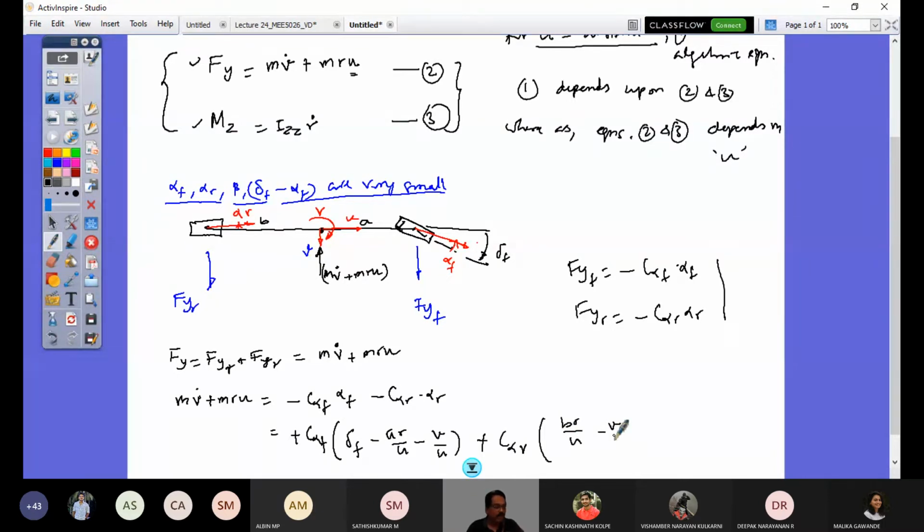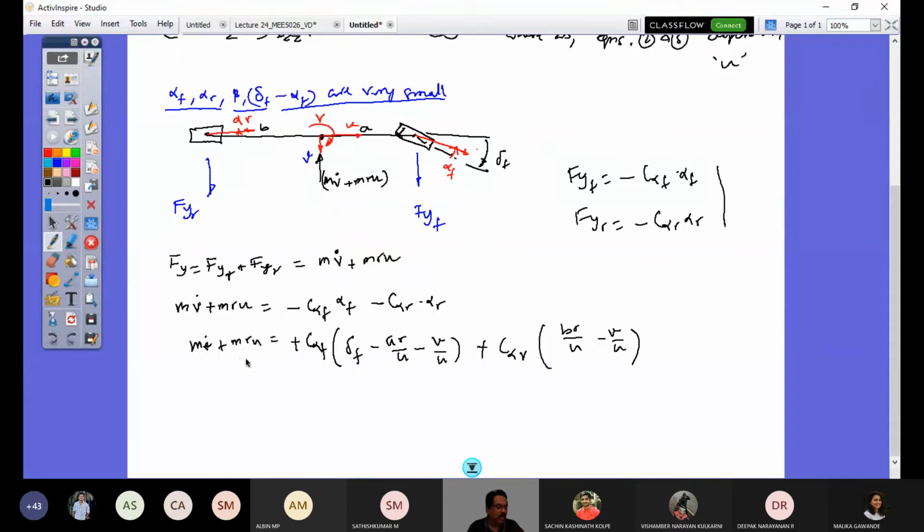So this is what is equal to mv dot plus mru. So this mru is again an algebraic term, can be brought on this side. So you'll have mv dot equals. So this is taken on the other side.